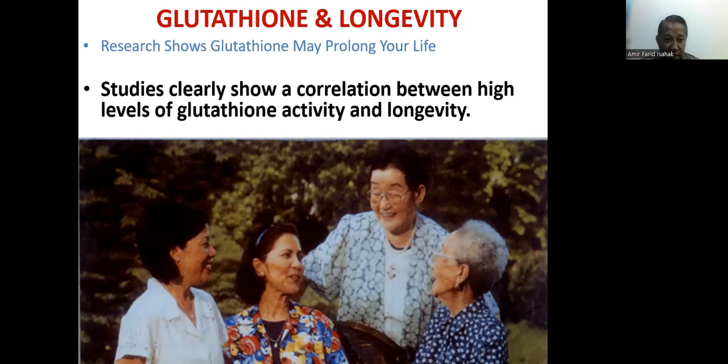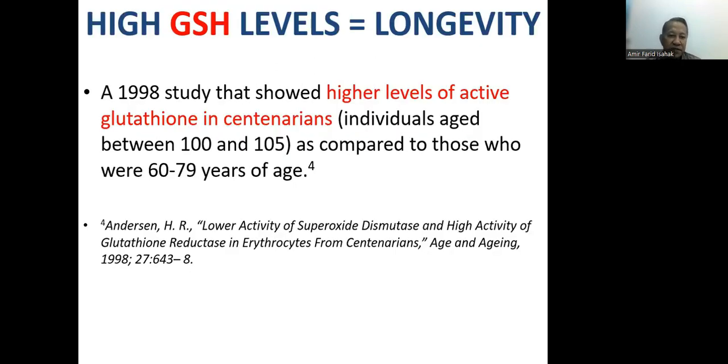But with glutathione, studies clearly show a direct correlation between high levels of glutathione activity and longevity. Right? So if you live long, then it also means that you must have aged more slowly. Okay, the first study was in 1998, showed that high levels of active glutathione were present in centenarians as compared to those who were 30 to 40 years younger than them.